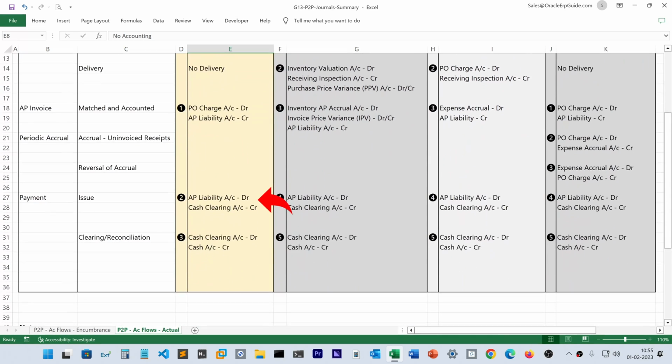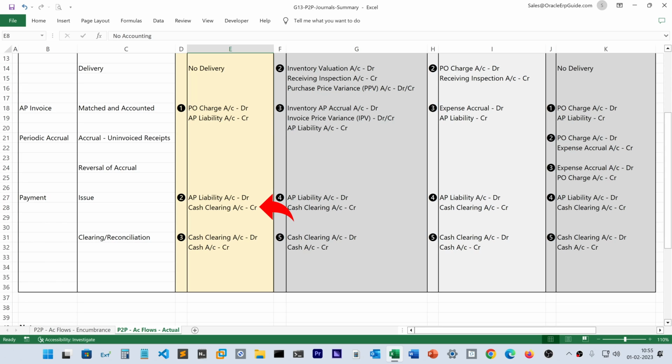Then comes the payment. Issue of the payment creates an AP liability account debit and a cash clearing account credit. The AP liability account comes from the supplier site assignment, and this AP liability comes as a business flow from this entry.